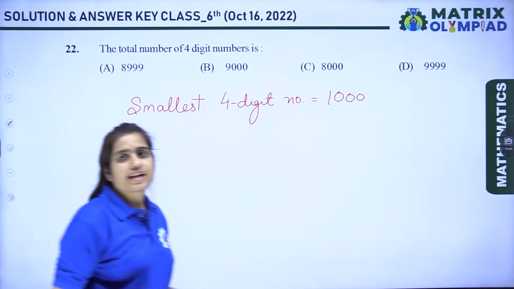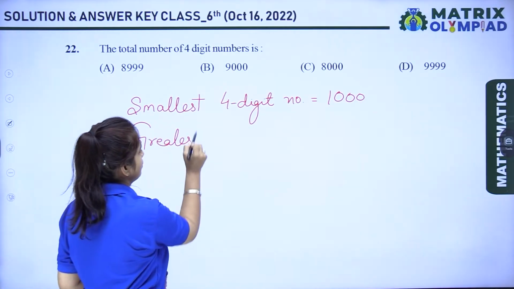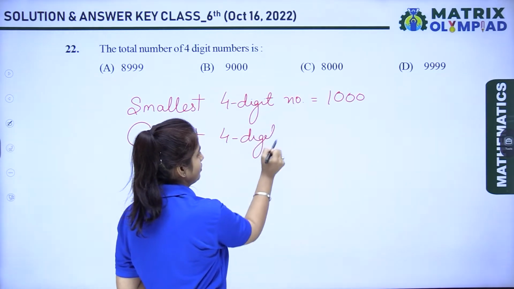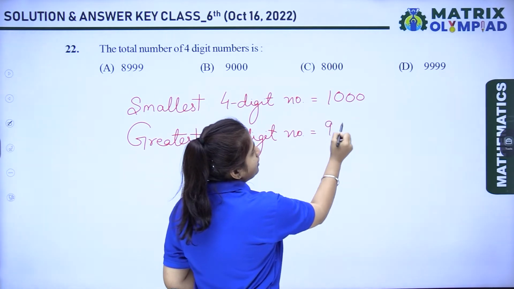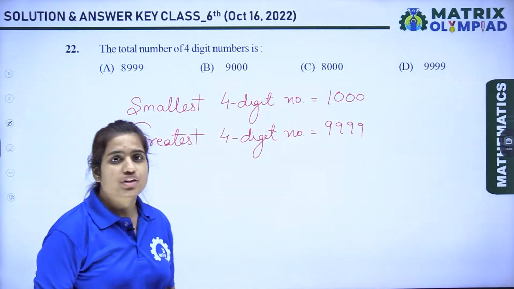If we talk about the greatest 4-digit number, that is 9,999. This is the greatest 4-digit number.